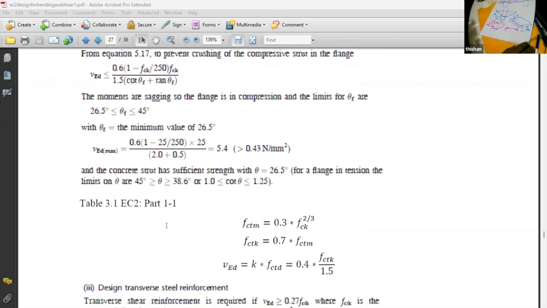Then again, there's a minimum value given in the table. It says if the stress 0.43 is less than a certain value, you don't have to worry. So what actually happens is, in most cases, because we are casting in situ, we are providing slab bottom reinforcement across this interface, and slab top reinforcement across the beam.